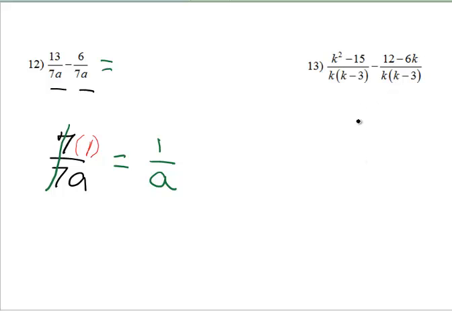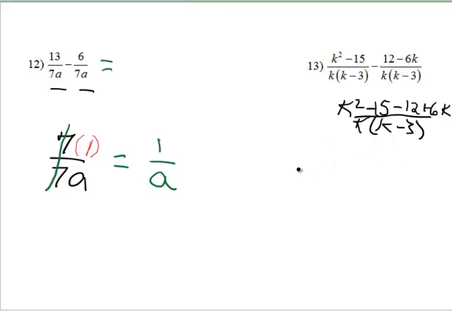So I'm going to write the denominator first. K times K minus 3. And what I have up on top will be K squared minus 15 minus, and be careful again because this minus is going to control everything over here. So minus 12, and then minus a minus is a plus 6K.